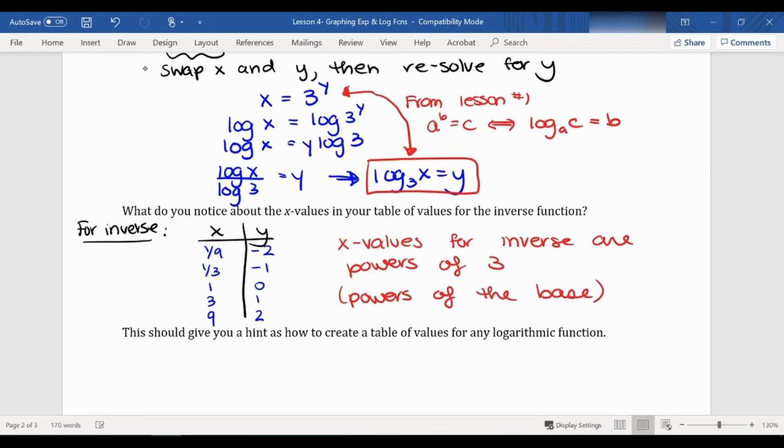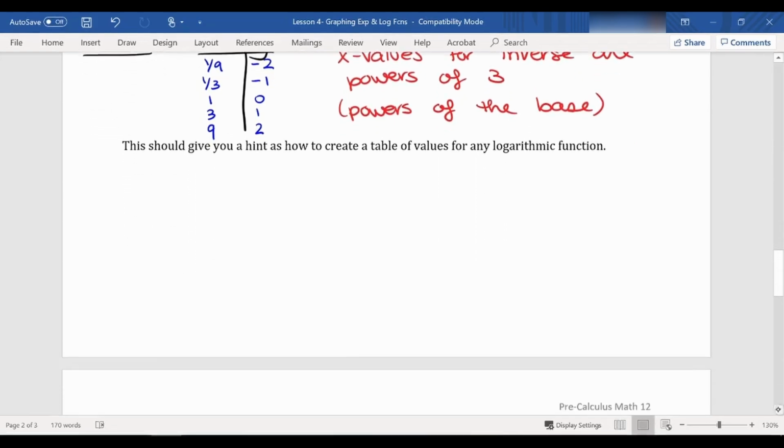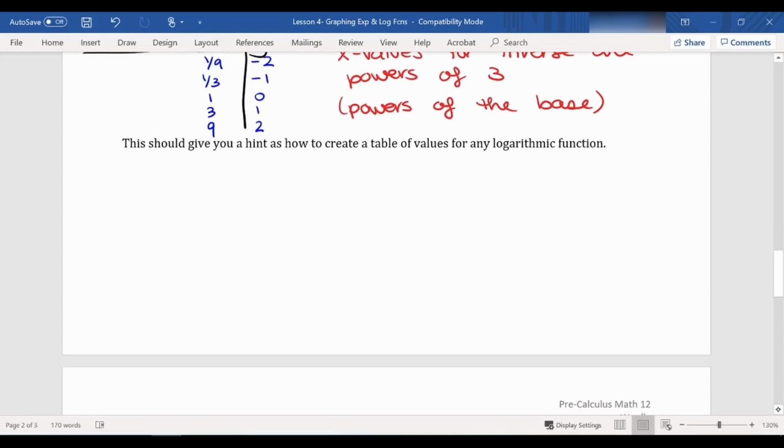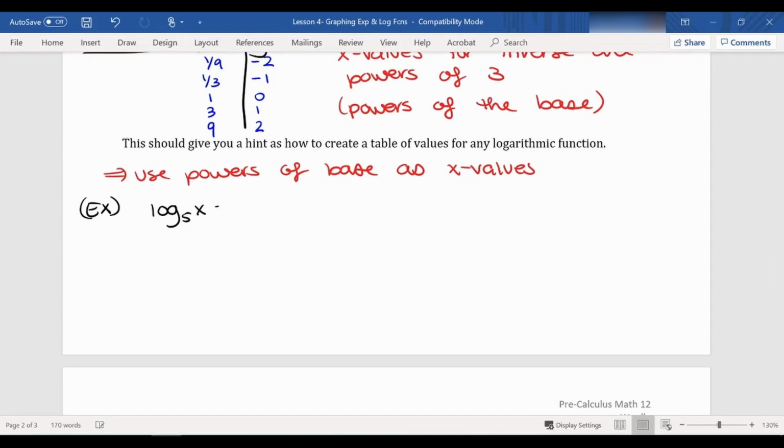So this should give you a hint as to how to create a table of values for any logarithmic function. We would want to use the powers of the base as our x values. For example, let's say I wanted to do log base 5 of x equals y.